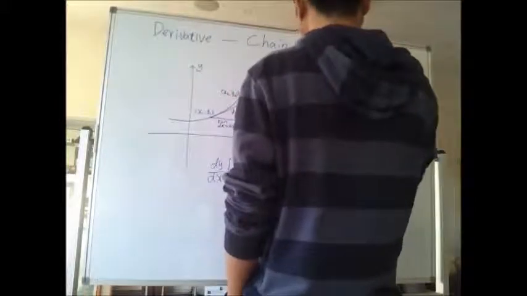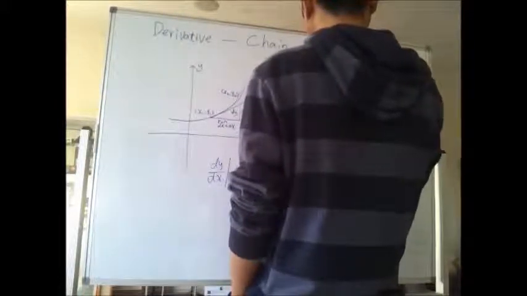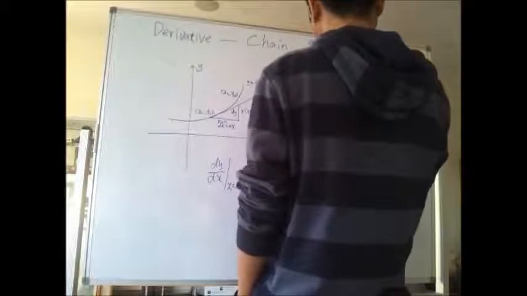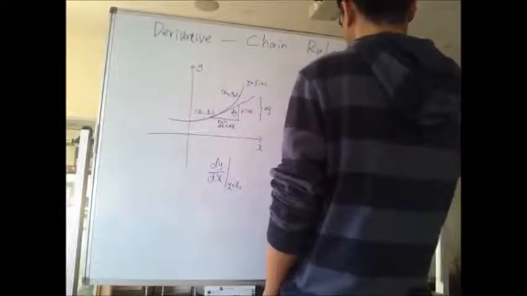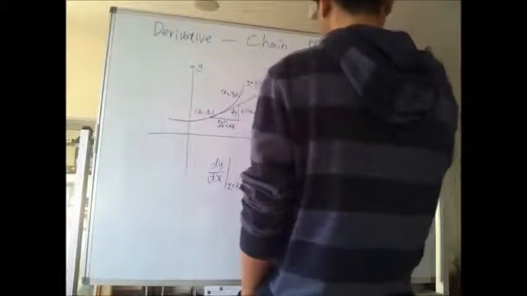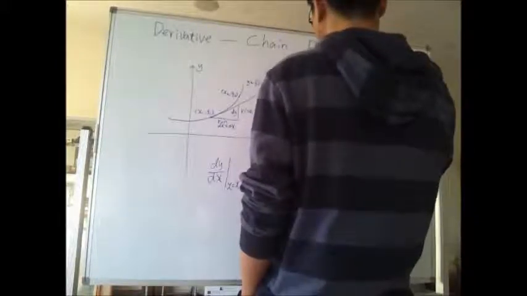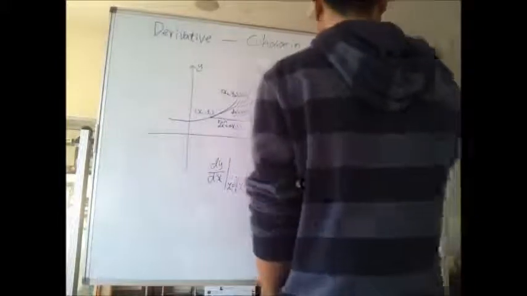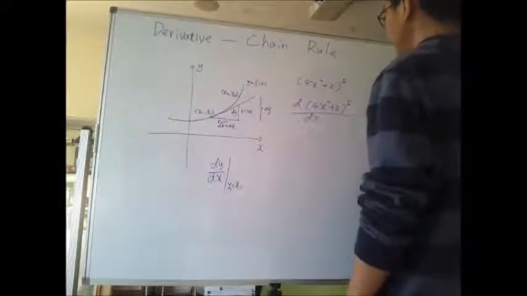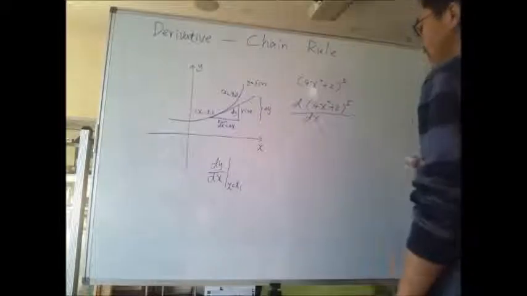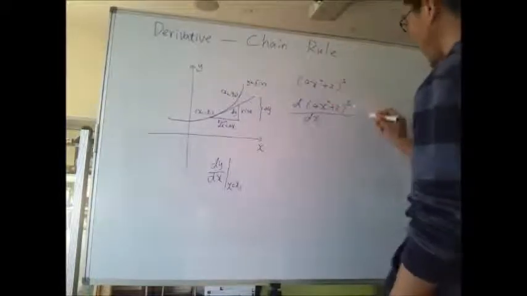So we have d of x squared plus 2 to the power 5 over dx. This is the derivative of that. It equals, and first we treat this.